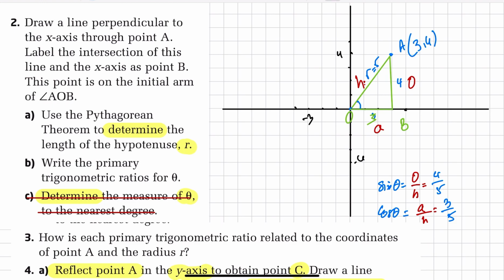The tangent of theta is the sine over the cos, which is sine theta over cos theta, which is 4 over 5 divided by 3 over 5, which is 4 over 3.